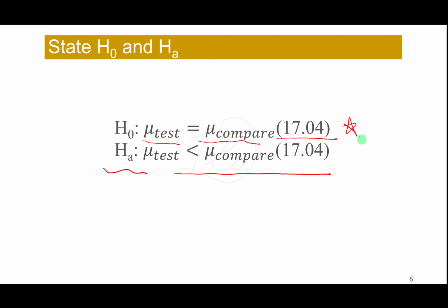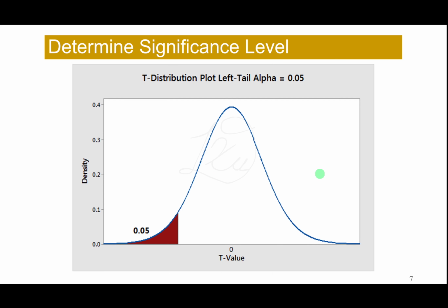If we cannot find significant evidence rejecting the null hypothesis, then the two material strengths are the same. Otherwise, we have significant evidence supporting that the tested material mean strength is less than that of the compared material, which is 17.04.